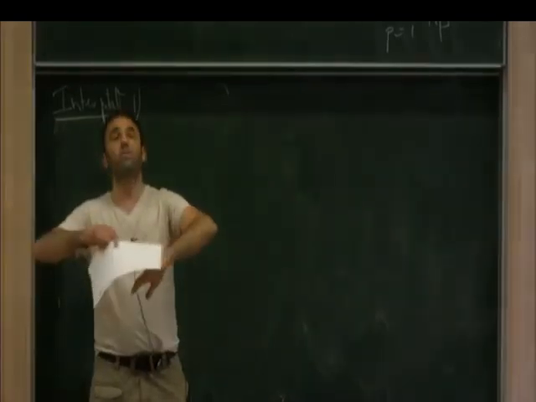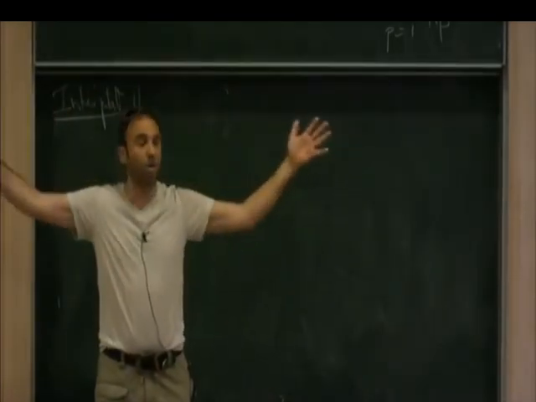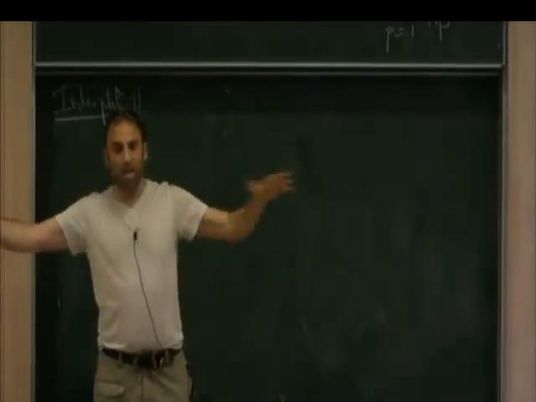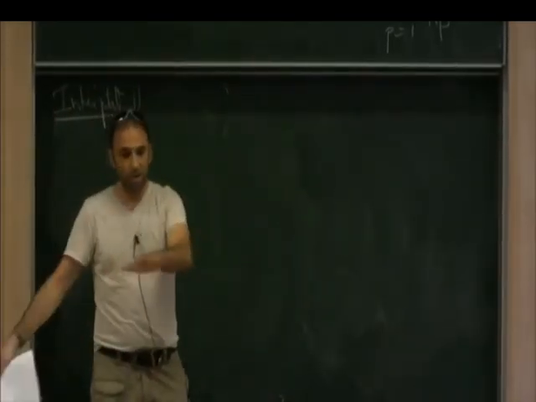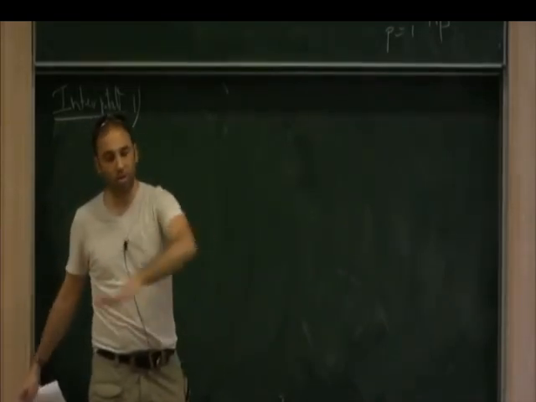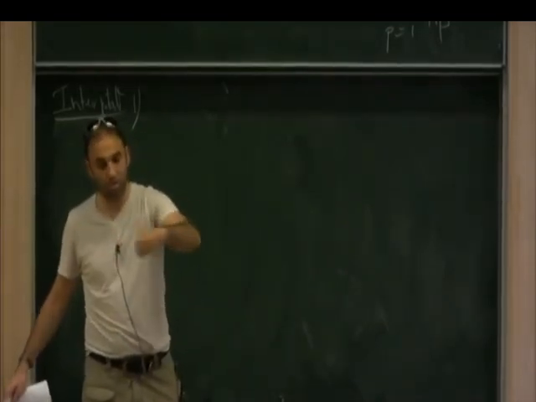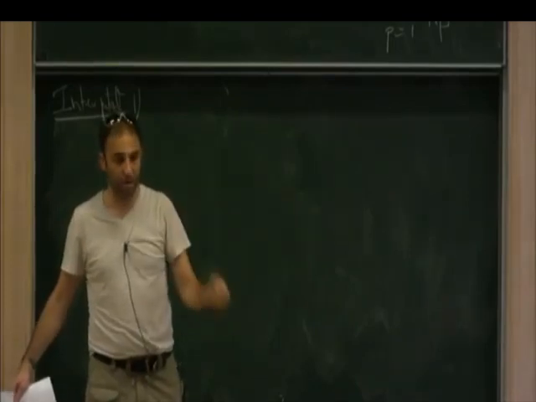The second time scale: suppose you wait a very long time. Everything has had time to move, and what you are really looking at is the average motion of the bead, which is really like the motion of the center of mass.